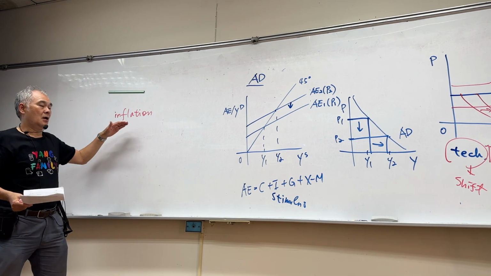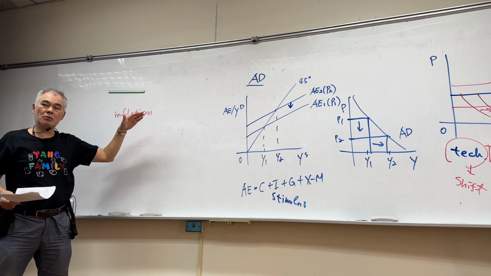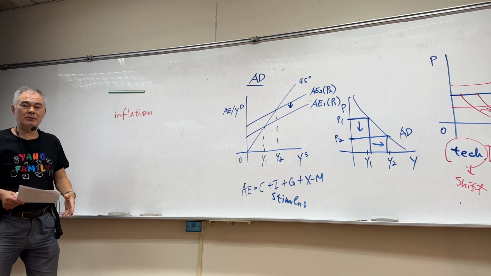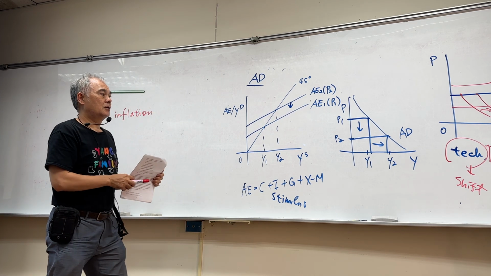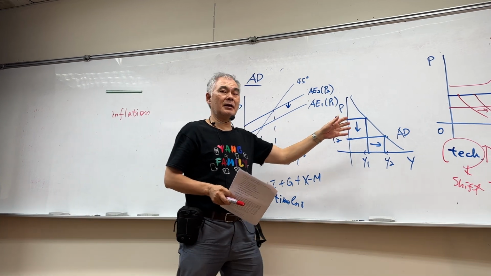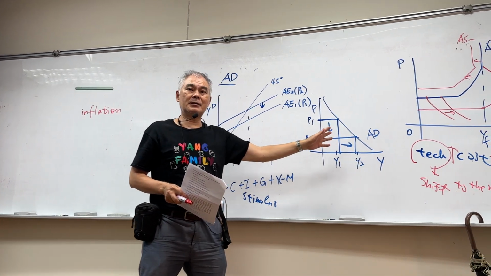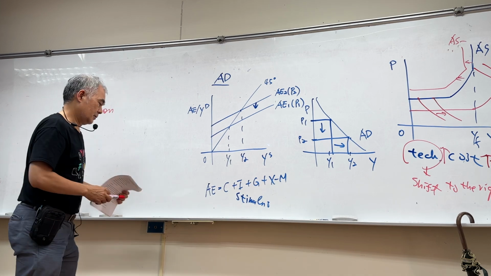It means everything, the general price level. And how does it work? Actually, when we have aggregate demand and aggregate supply, we can easily talk about it.